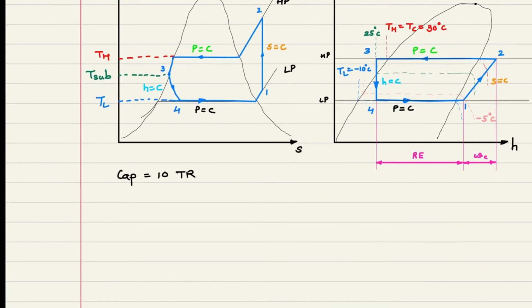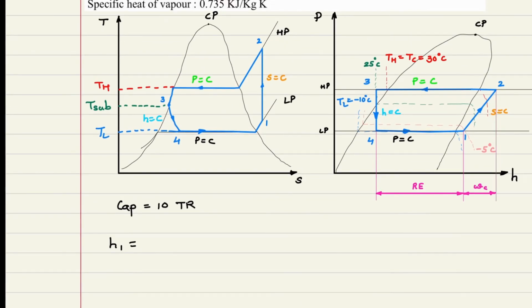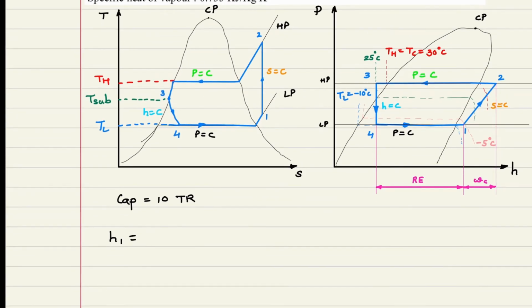So first we will calculate the enthalpy of point 1. H1 is equal to, now what will be the formula for this enthalpy? It will be Hg at -10 plus Cp of vapor times (T sup minus Tsat). T sup temperature is how much? It is -5, and Tsat temperature is -10.